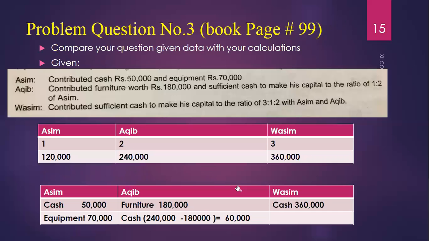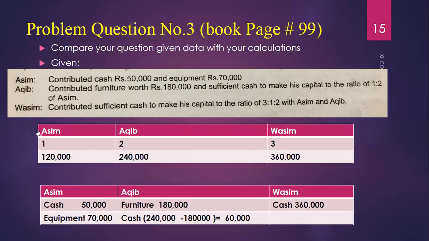This is the adjustment given in the question: Asim contributed cash 50,000 and equipment 70,000. We have partners Asim, Akif and Wasim, and their ratios are 1 for Asim, 2 for Akif and 3 for Wasim. The important part to understand is that if Asim has 10 rupees, Akif will have 20 and Wasim 30. If we know one unit of any partner, we can multiply it by 2 and by 3.